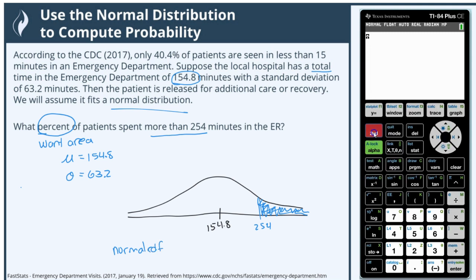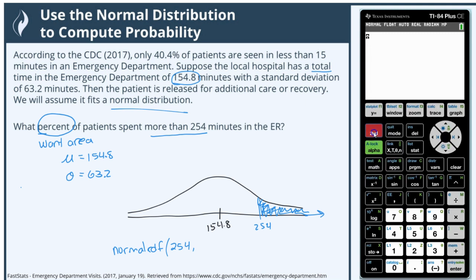Now, if you know normal CDF, and I'll do it on the calculator second, you always have to bound the area you want to find. So my lower bound here would be 254. My upper bound would be positive infinity, because technically this continues forever in the right direction.